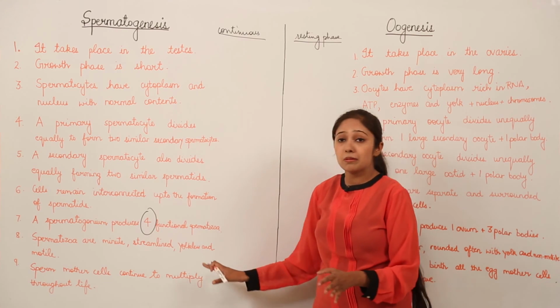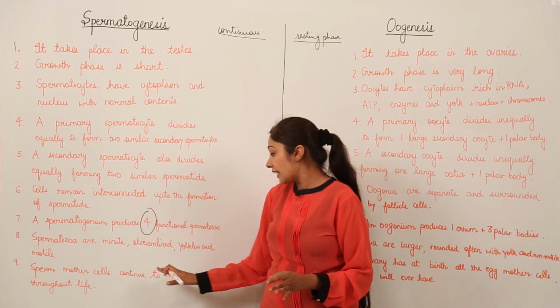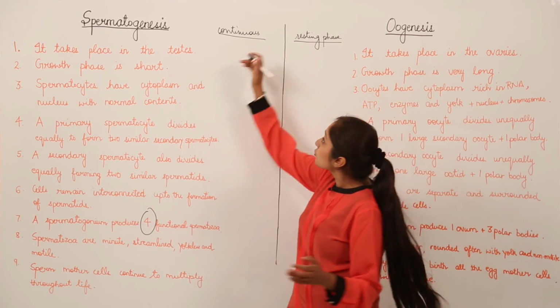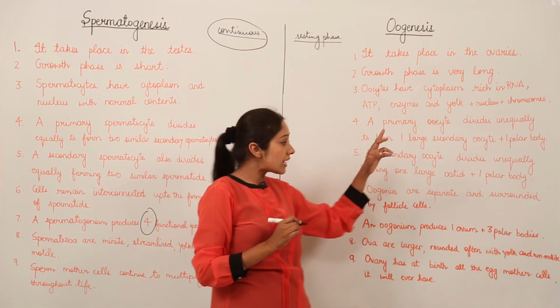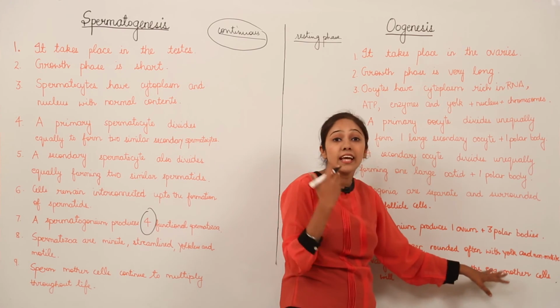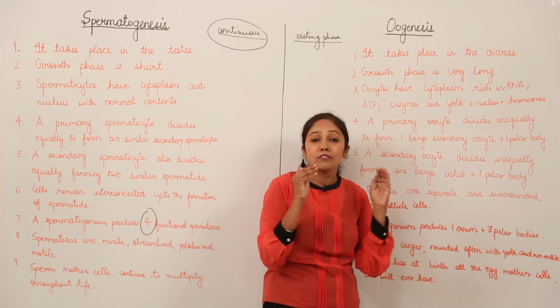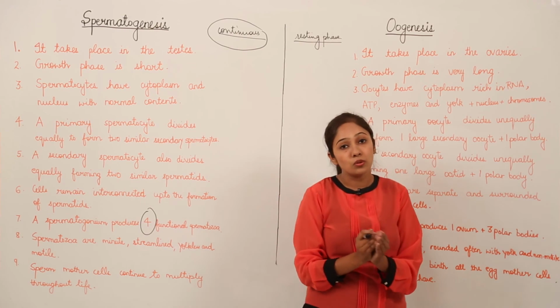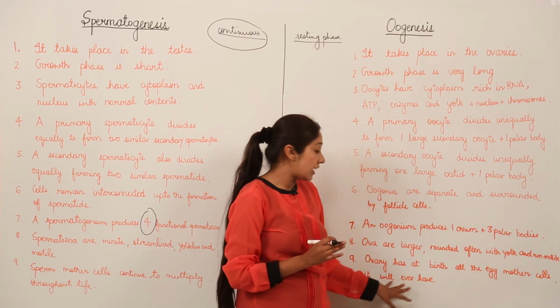You all must remember that in case of human males, the sperm mother cells continue to multiply throughout life. That is why it is a continuous process. But in case of human females, the ovary has at birth all the egg mother cells it will ever have. So from the time of birth only, a human female has all the egg mother cells it will ever have.